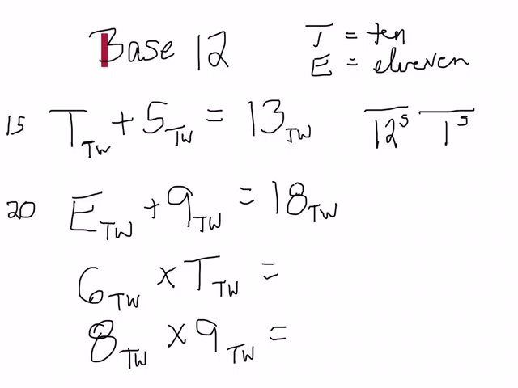All right, 6 times 10 is 60. Oh gosh, let's see if I can do this in my head. Oh, all right, 12 times 5 is 60 exactly. So if I do 5 12s and 0 1s, then I'm going to have 60 in base 12. It's easier than I thought, all right?